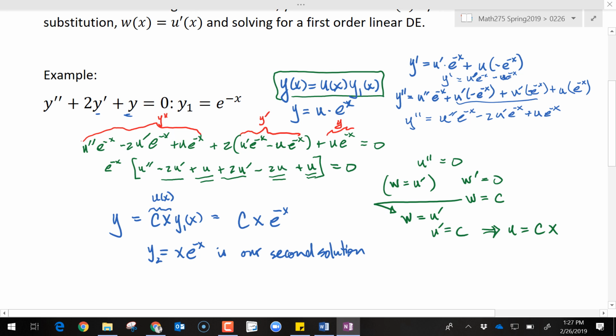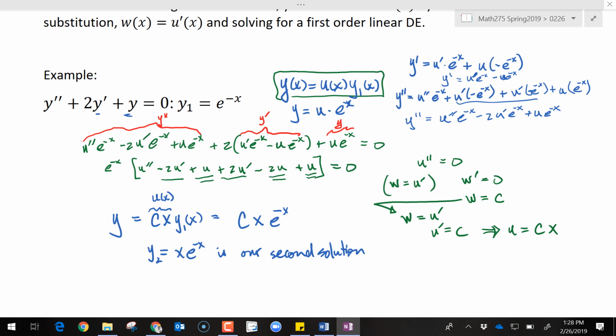So this is our second solution to our fundamental solution set. Yeah, but the plus c happens automatically. No, let's just forget about it.